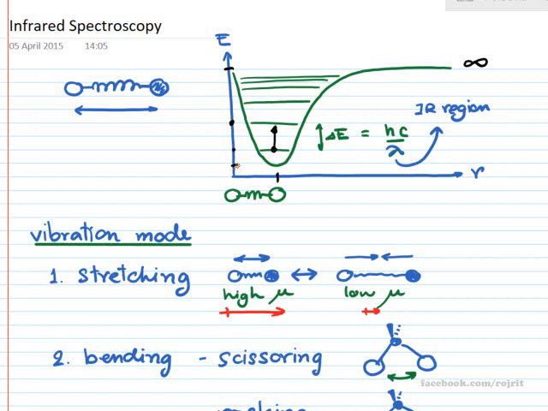So actually, the bond length is not fixed at this distance. Normally two atoms that are bonding together like this, there are actually only two nuclei of positive charge, and then you have electrons. So there's nothing to fix the distance between the two, right? So two atoms kind of wobble, right?